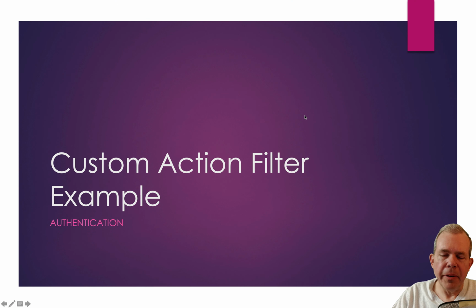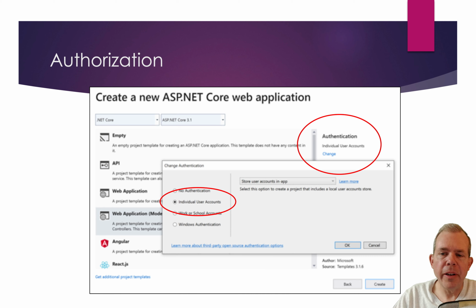So just a minute ago, I said we were going to build this custom authorization filter, and some of you may have thought immediately, why are we doing custom authorization when there's already an option built in for ASP.NET? So when we created our application some time ago, we chose to have no authentication. The usual way when you're creating an account is to select one of the options you see on the screen here.